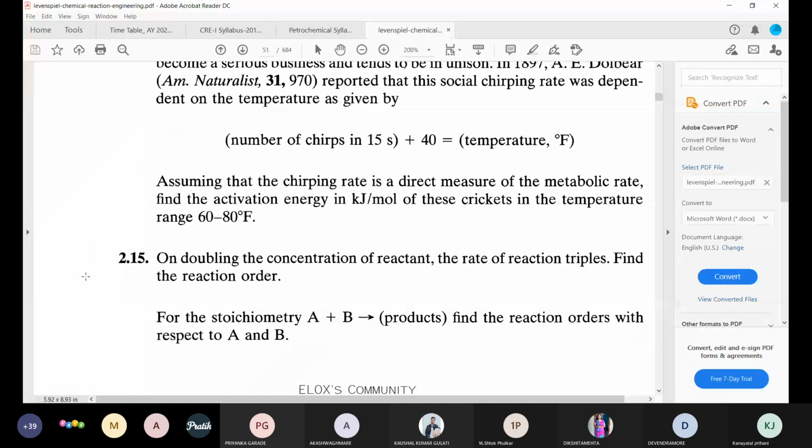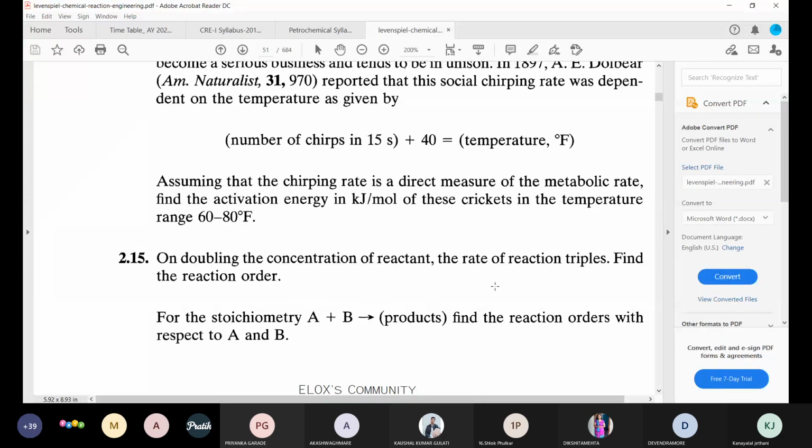That means if the initial concentration is say 1 mole per cubic meter, and you make it 2 moles per cubic meter, the rate of reaction becomes 3 times. We need to find the order of reaction, that means the value of n. Can you try this? It's a very simple problem, but it comes often in exams.